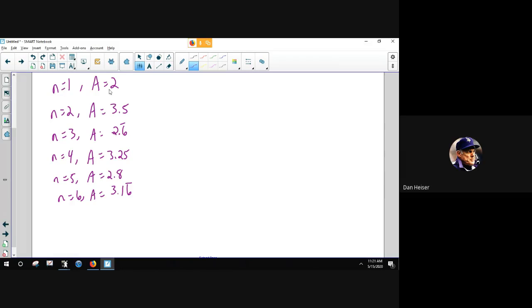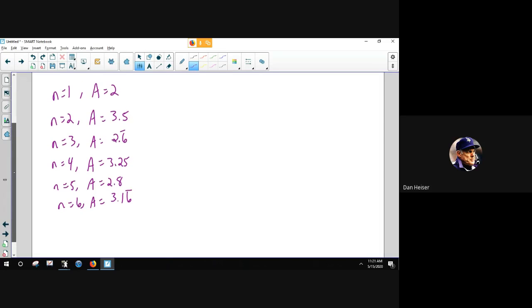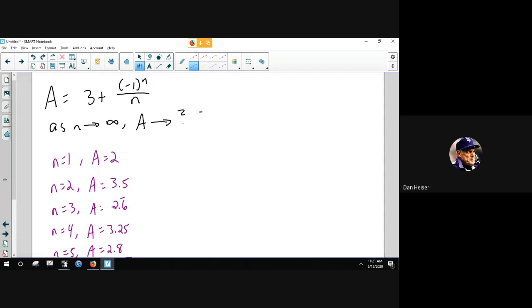Let's look at the odd values: 2, 2.6, 2.8. Look at the even values of n: 3.5, 3.25, 3.16. They're both zeroing in on 3. And that kind of makes sense. Let's pretend n is really big. n equals 100,000.